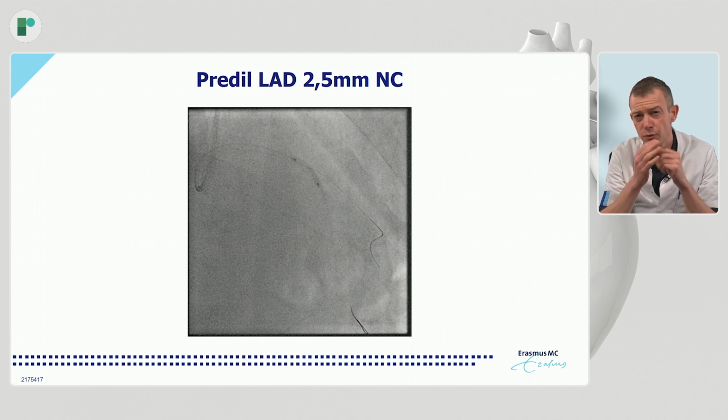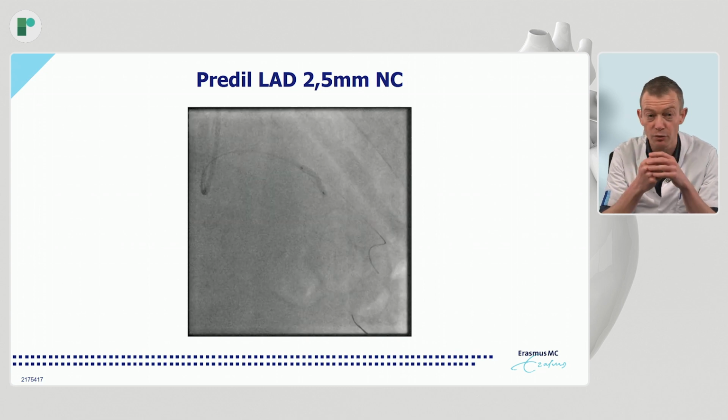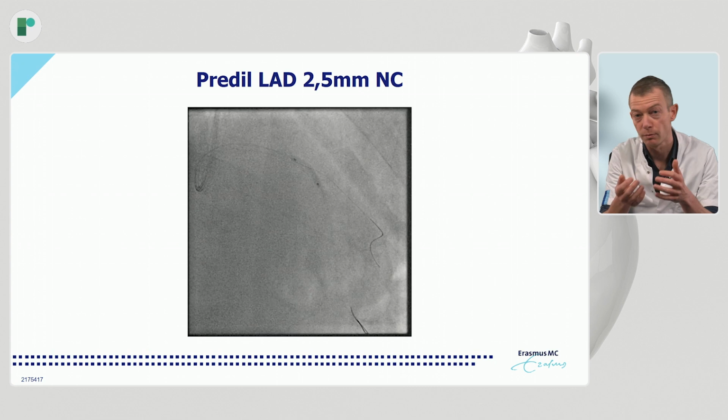But what we typically do is, if you have a lesion that is quite long and calcified, we usually start with a balloon dilatation first, unless you think there may be a reason to upscale to a rotablator, orbital atherectomy, etc. But in this case, we didn't consider this lesion to be that severe that it would be needed.